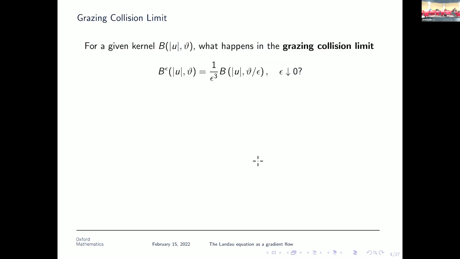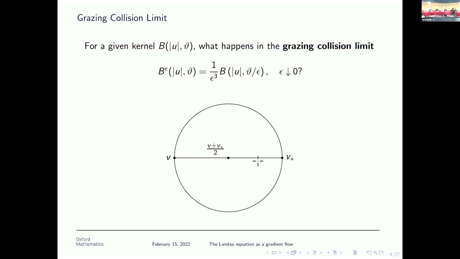Okay, now moving a little bit forward towards the actual Landau equation. There's this scaling involved. In the Boltzmann collision kernel, I introduce this epsilon, which has nothing to do with the epsilon of Karsten's talk, and I scale the dependence of the angle of the collision kernel in this way. So clearly I'm concentrating around angles theta that are small. And when I send epsilon to 0, that's known as the grazing collision.